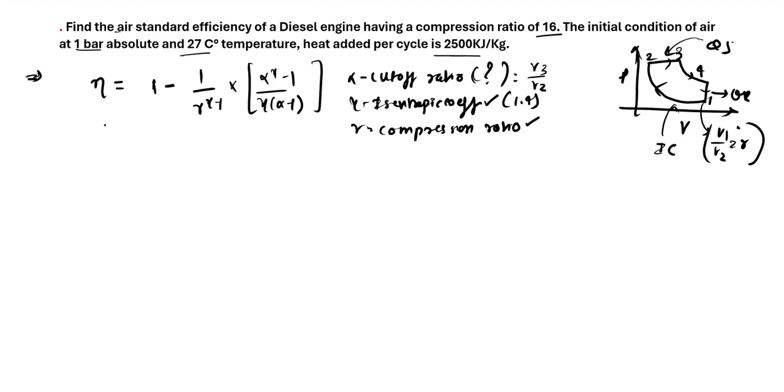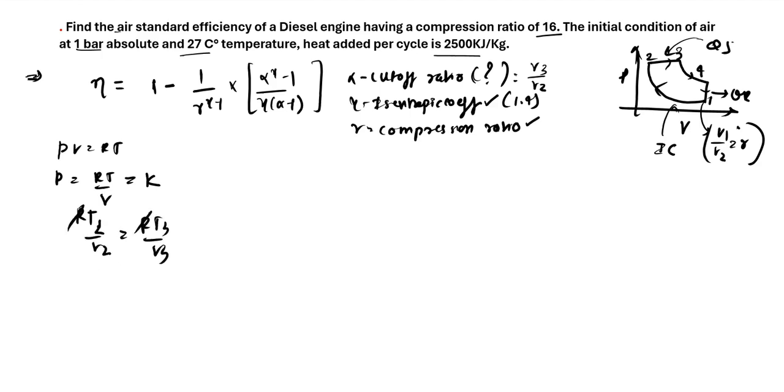If you look at the process, it is a constant pressure process. So if you apply the ideal gas equation, PV is equal to RT, and pressure is RT by V. Since it is constant, RT2 by V2 should be equal to RT3 by V3.